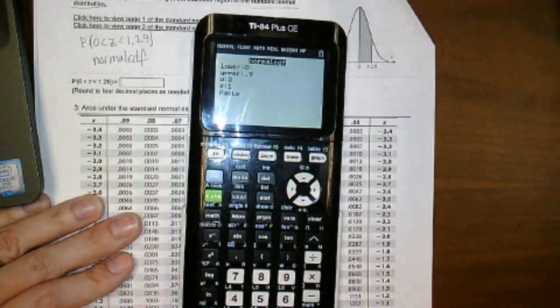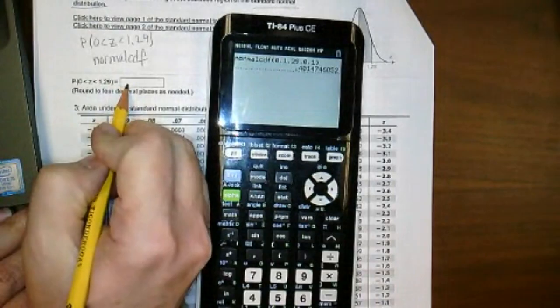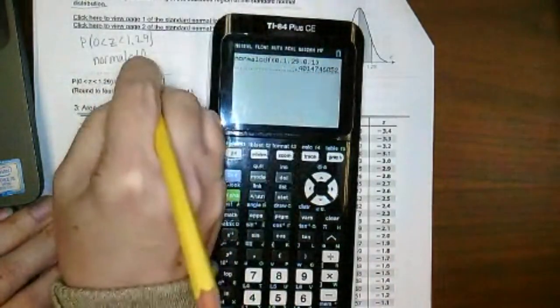My lower bound is 0. My upper bound is 1.29. Still a mean of 0 and a standard deviation of 1. And so this time when I round to 4 places, I have 0.4015.